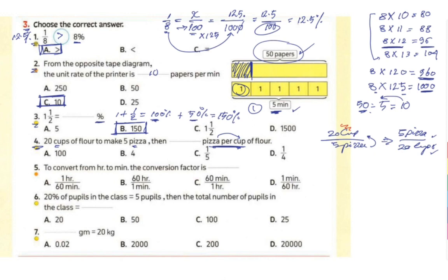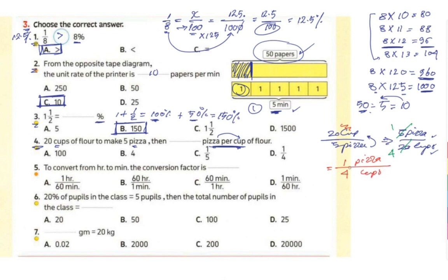Before divide, I can do what? Simplify. 5 over 5 equals 1. 20 over 5 equals 4. So how many pizza for 1 cup? 1 over 4 pizza. That's 1 pizza over 4 cup.